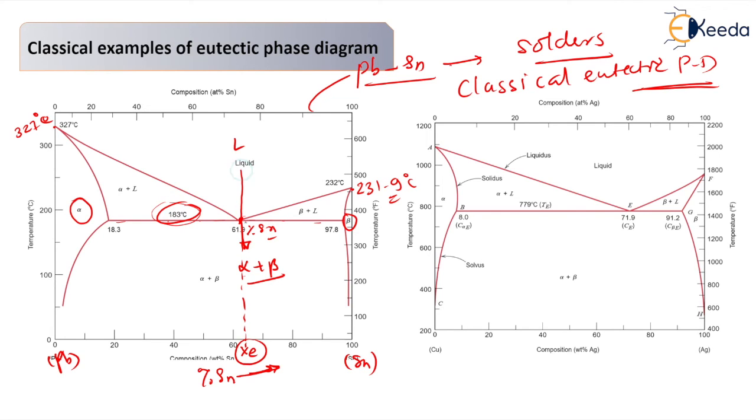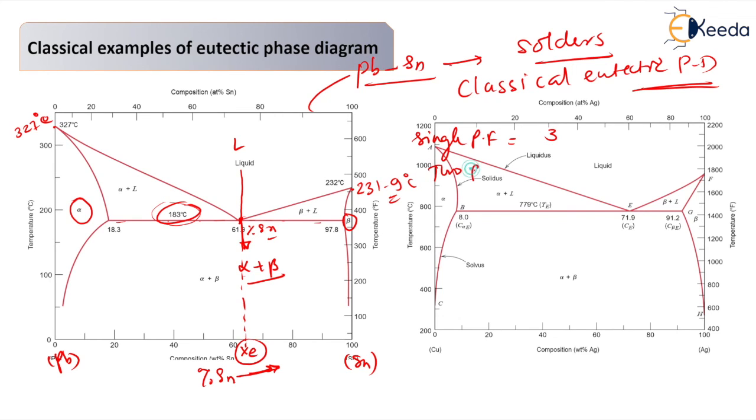That is the eutectic system, isn't it? So if you interpret this diagram, how many single phase fields are there? Liquid, alpha, beta, so three single phase fields.